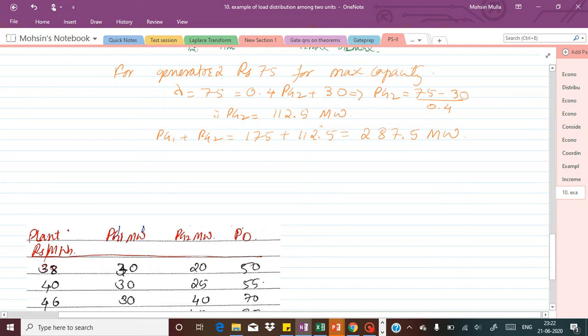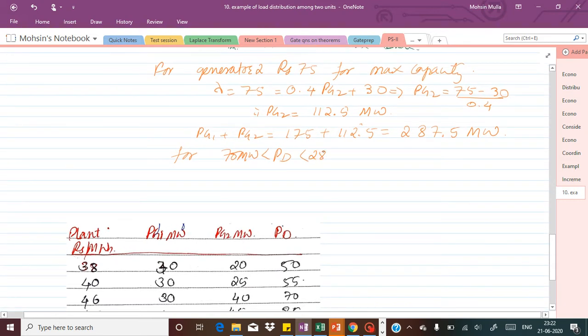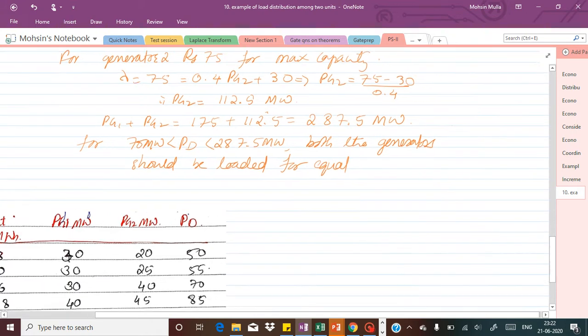So for PD between 70 megawatt to 287.5 megawatt, both generators should be loaded for equal incremental fuel cost.